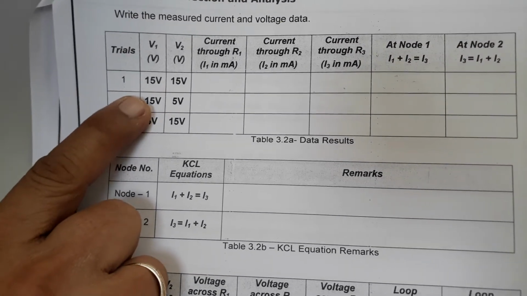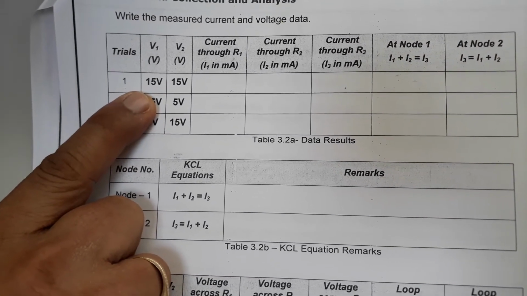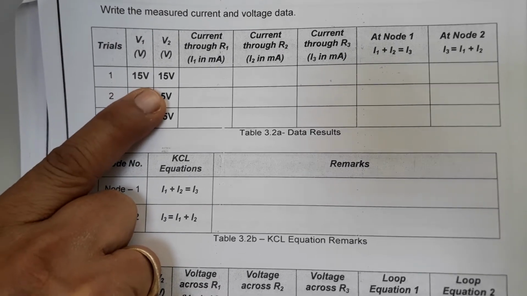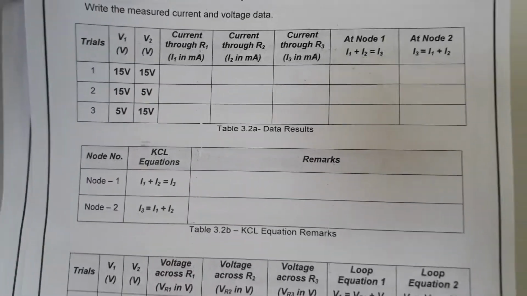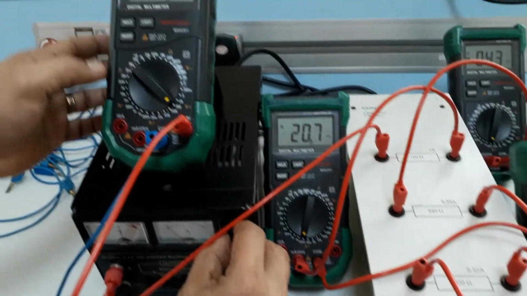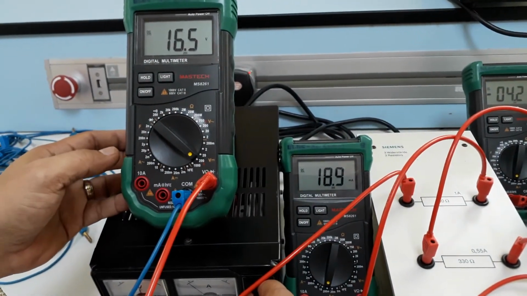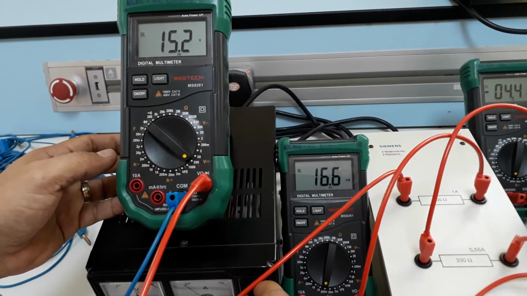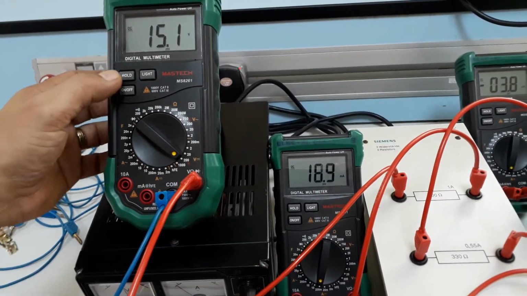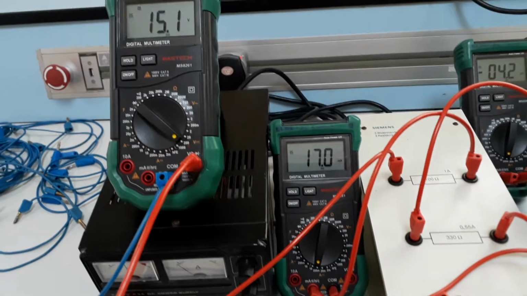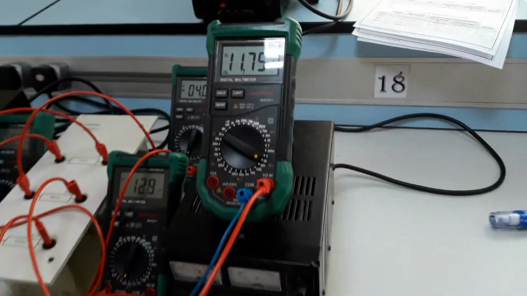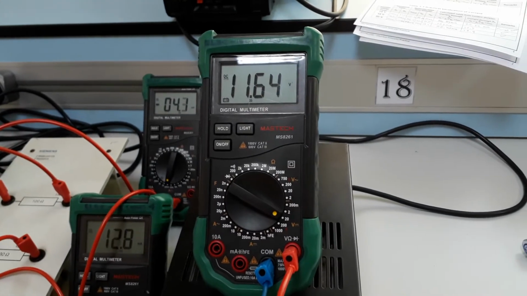It is given here that the voltage of power supply 1 and power supply 2 will be the same at 15 volts. So 15 volts for power supply 1, and another 15 volts for power supply 2.